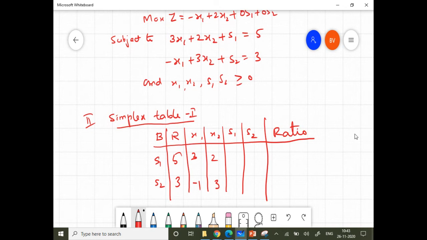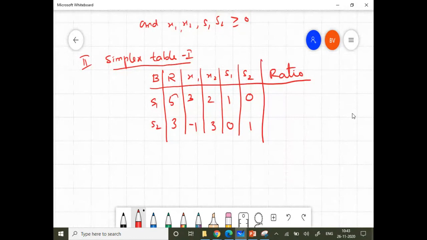S1 column: there is one S1 in the first row, but no S1 in the second row. It is 1, 0. S2 is missing in the first row, it is 0. Second row, it is 1. So it will look like an identity matrix, right? Now it's time to write the third row. The third row should have a separation from the first two rows because it's not in the calculations of ratio.